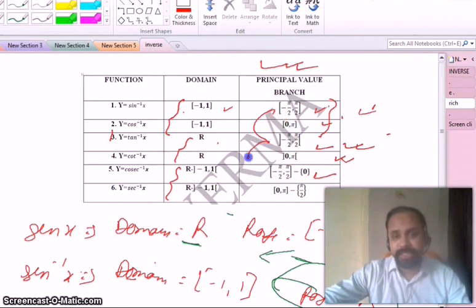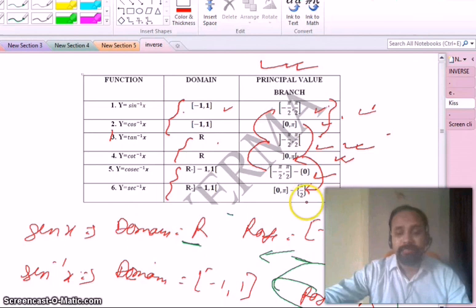See here, these are the same, and in cosec it is not defined at 0. And same with cos inverse x, it is 0 to pi, then in cot inverse open interval the same 0 to pi, and then the same closed interval 0 to pi except pi by 2.